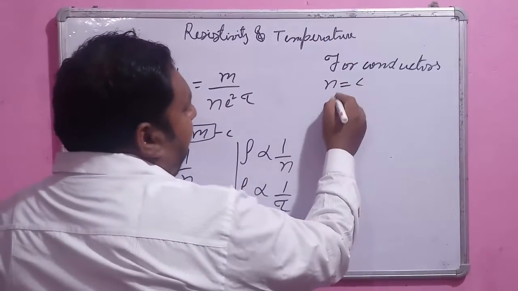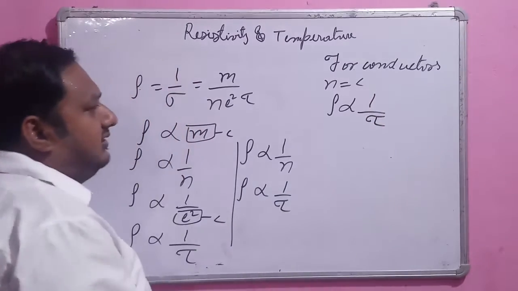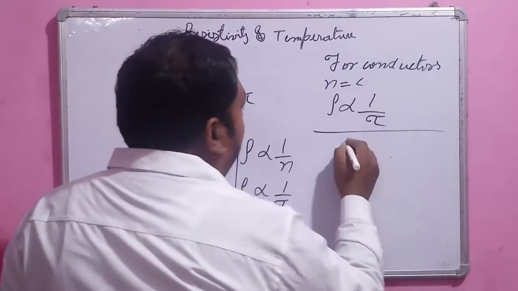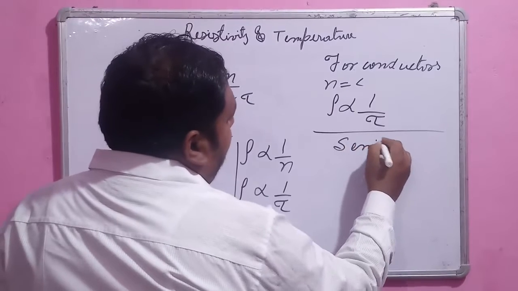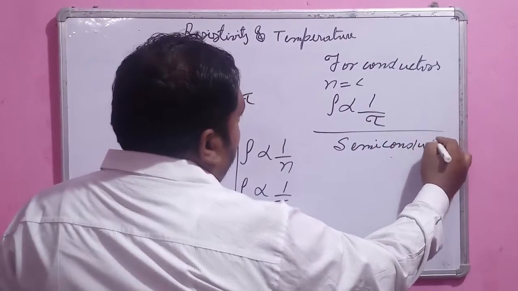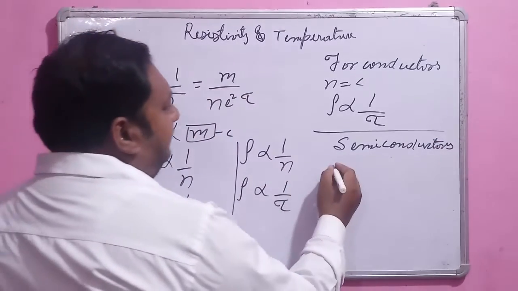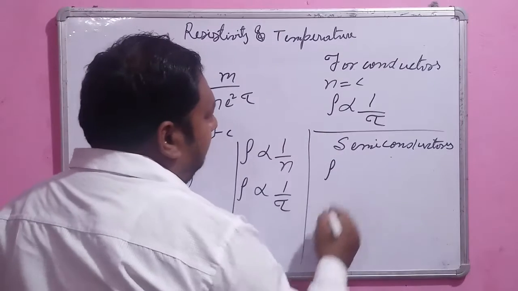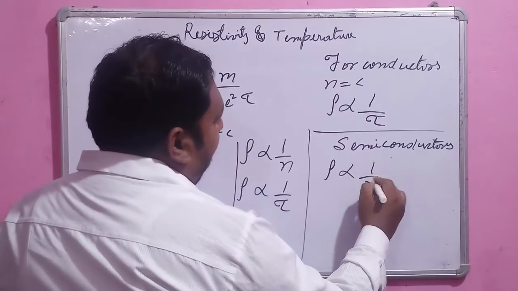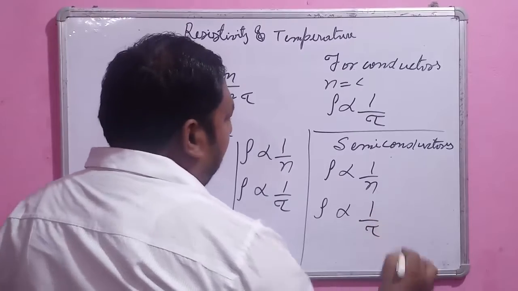So the resistivity of a conductor is a function of relaxation time. This is for conductors, and for semiconductors, resistivity depends on the number density, the number of electrons per unit volume. So resistivity is inversely proportional to n, and resistivity is inversely proportional to tau.